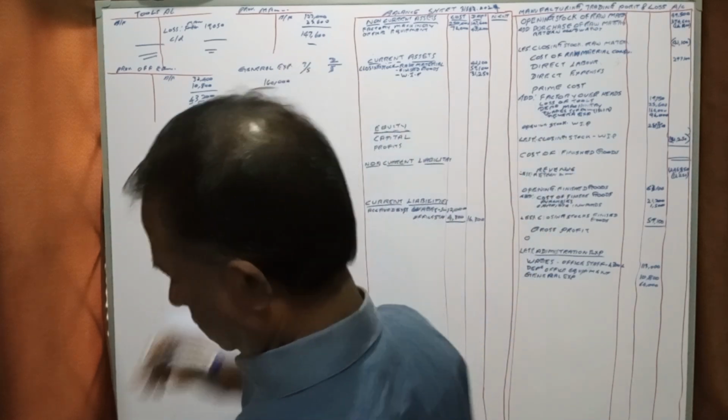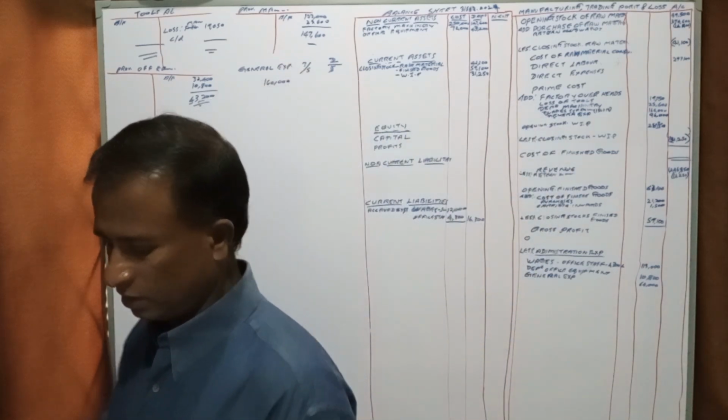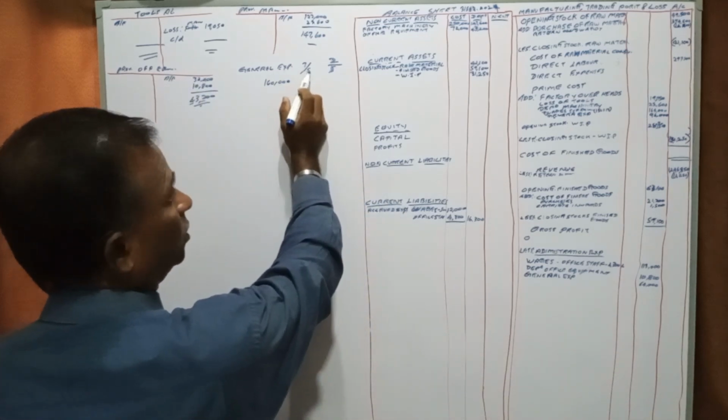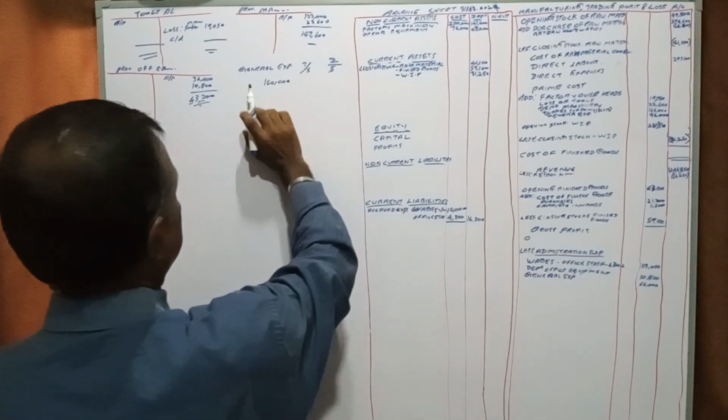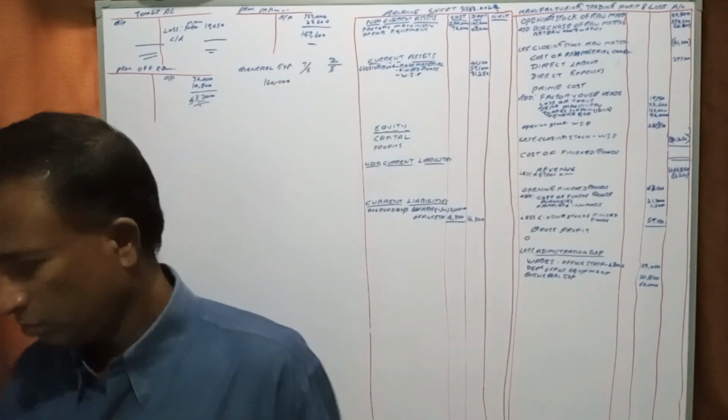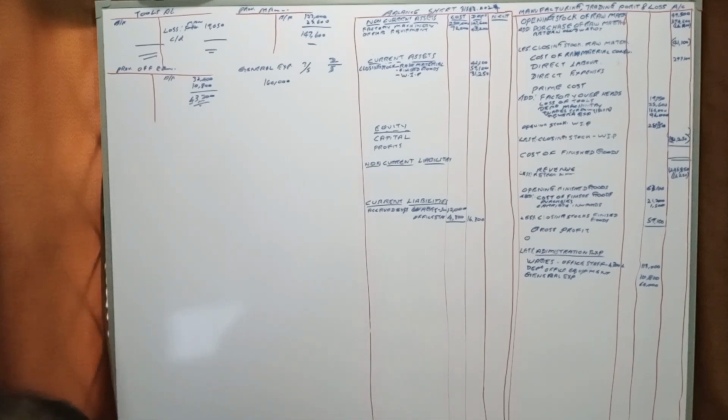The 160,000 has to be apportioned: 3/5 to the manufacturing section and 2/5 to the P&L, for the administration. General prime cost 366.